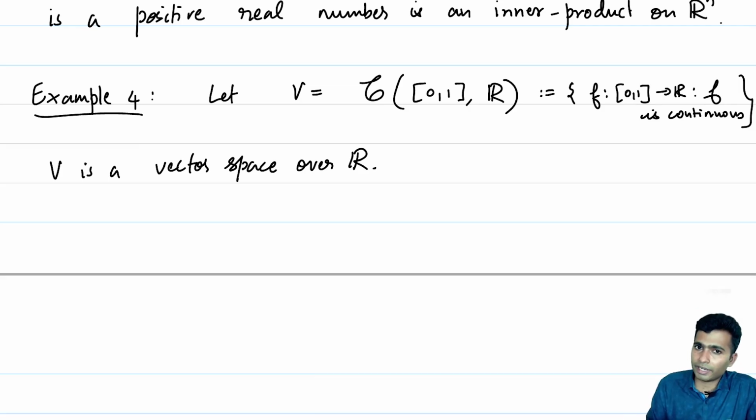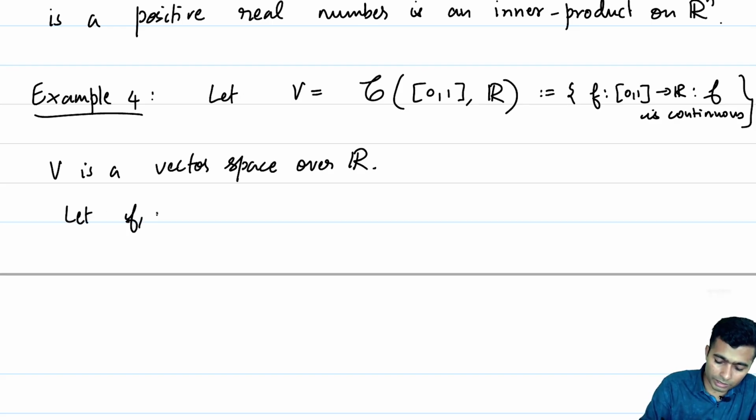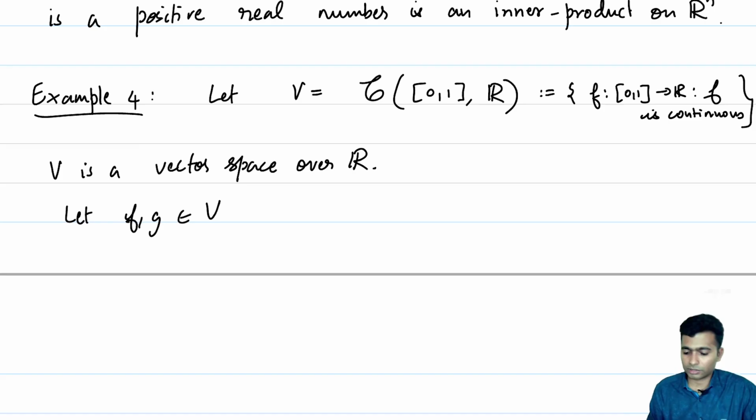We would like to now define an inner product on V. So let f comma g be real valued functions on 0, 1 which are continuous.